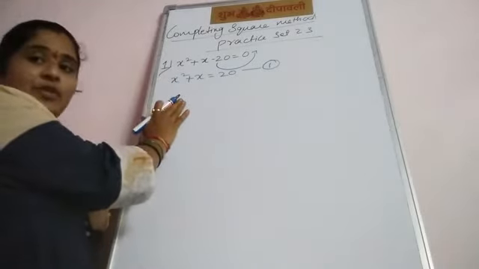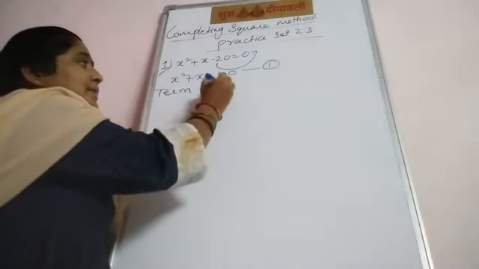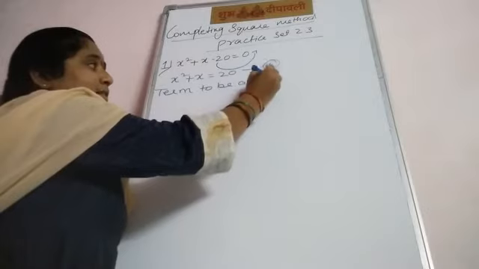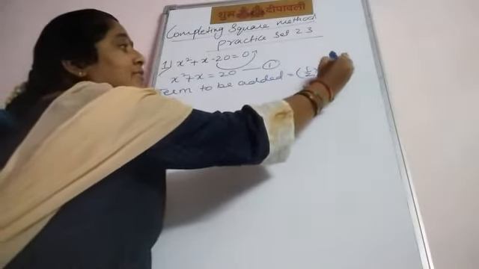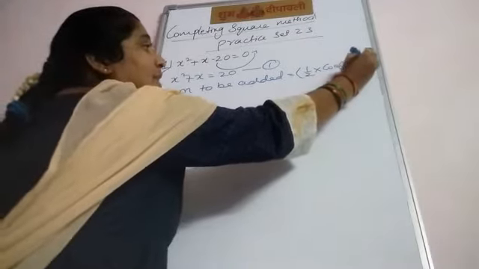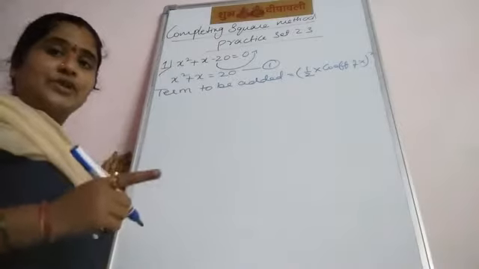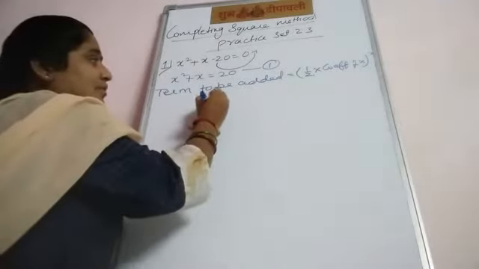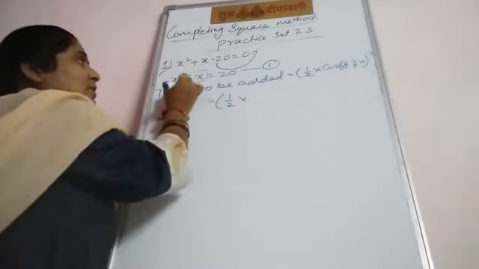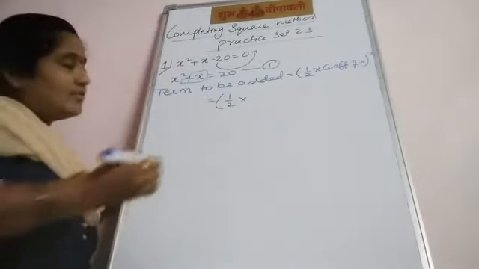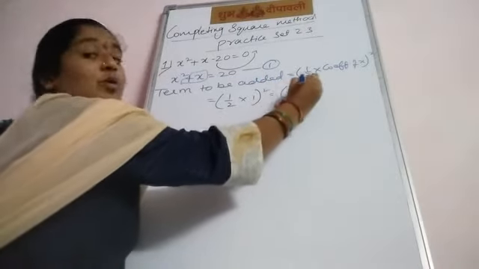Now second step what? Formula. Formula what? Term to be added. Term to be added what? Half into the coefficient of x, whole square. Half into this one, x. Here the x coefficient is what? 1, whole square. 1 by 2 whole square.